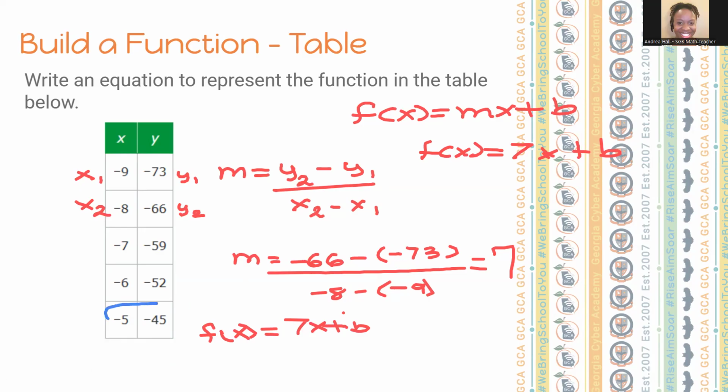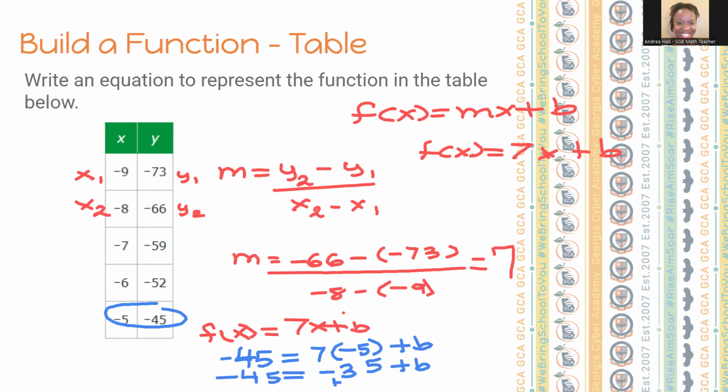I'm going to choose this one because it's smaller. So for f of x, I'm going to say negative 45 equals 7 times the x, which is negative 5, plus b. So 7 times negative 5 is negative 35 plus b, and bring down that negative 45.